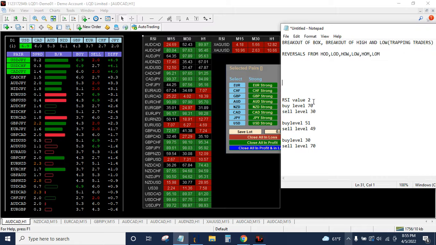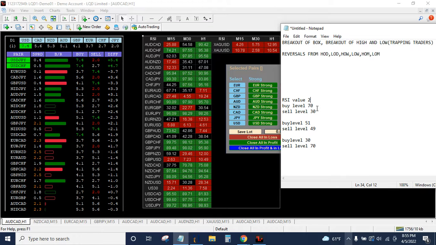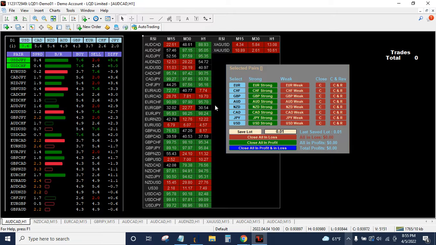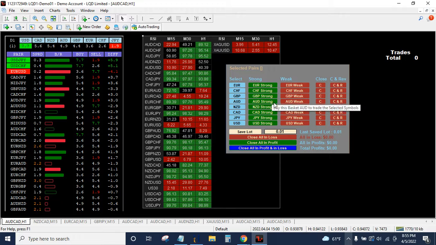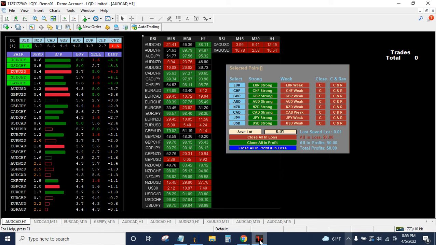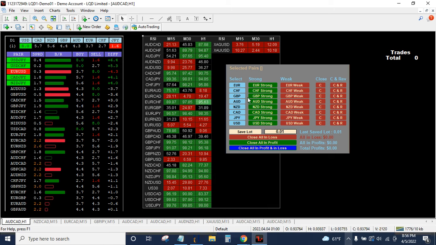So let me explain. Let's start with the first one: buy level 70, sell level 30. Remember, we're using three different time frames of RSI, so they all have to work together hand in hand for those strategies. So let's pick any one.